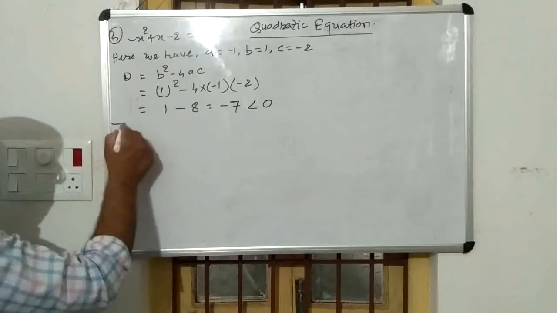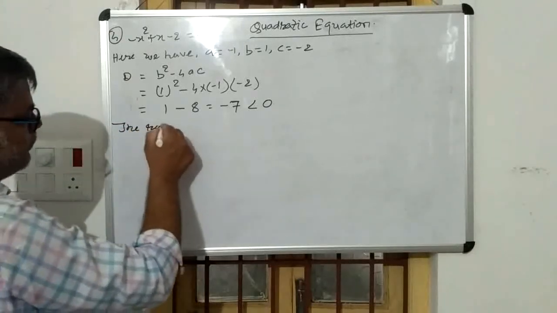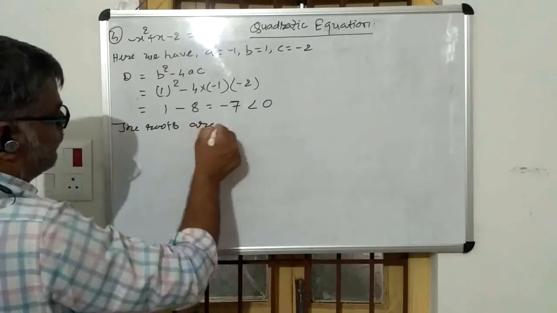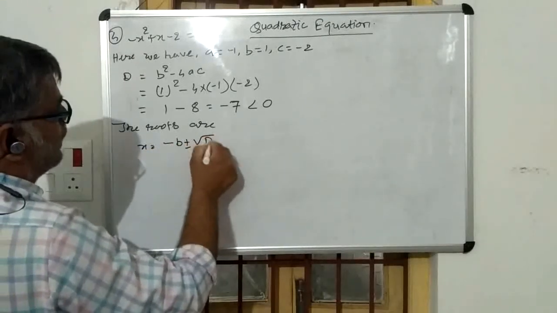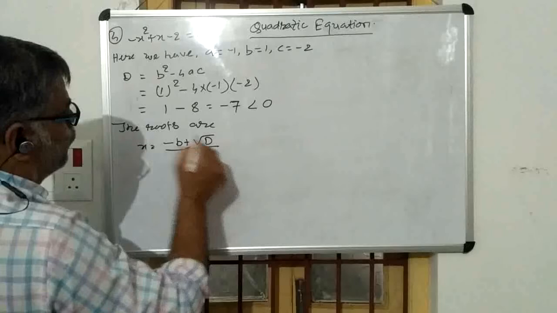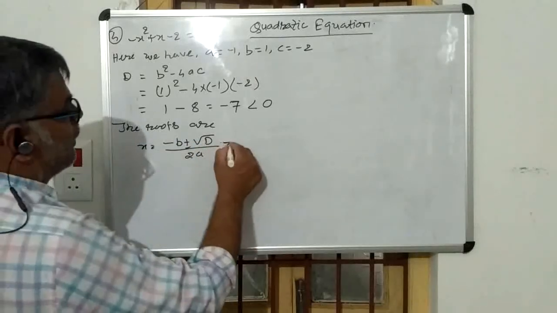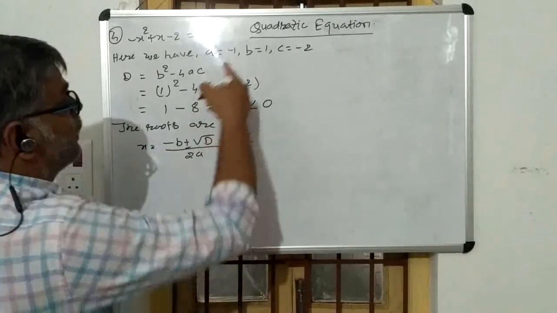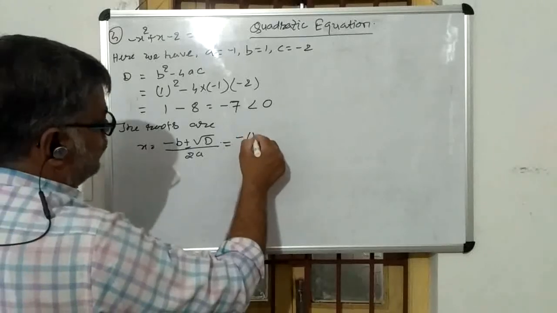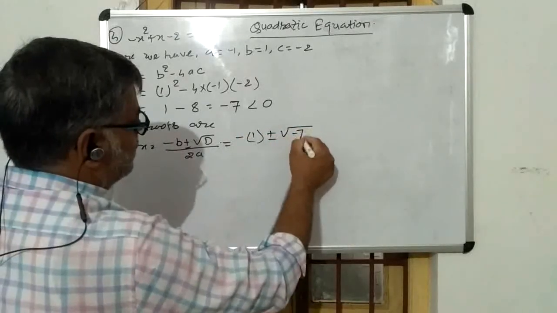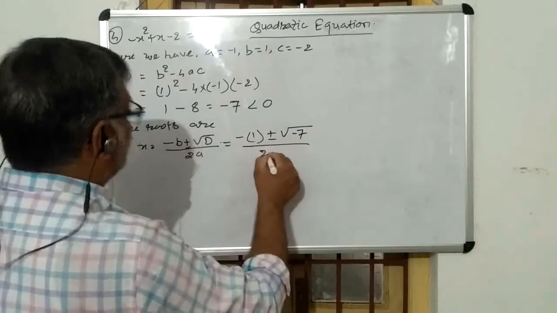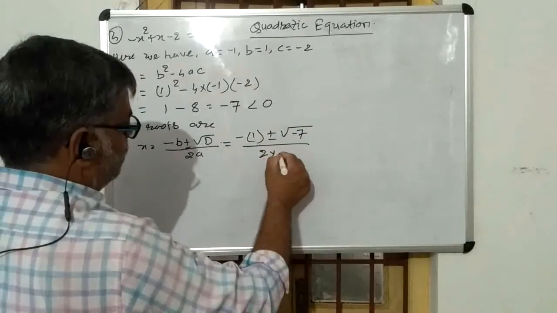So the roots are x equals to minus b plus minus root under D by 2a. Here minus b equals to 1, so put 1 plus minus root under D, that is minus 7 by 2 into minus 1.